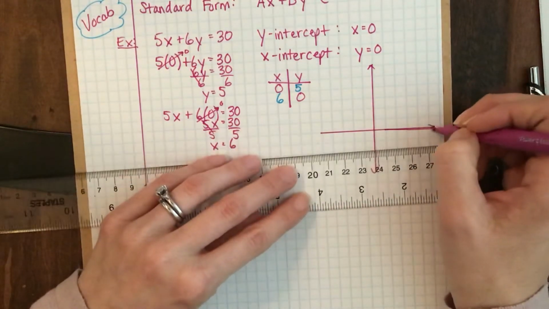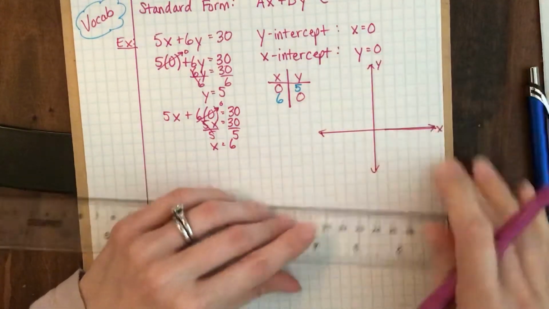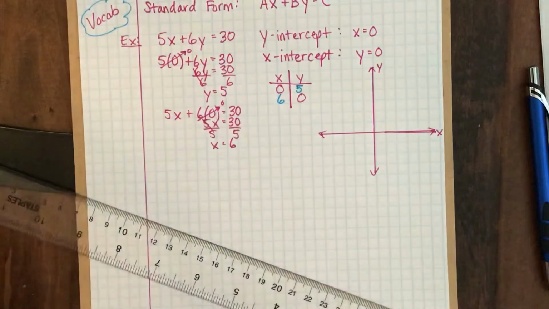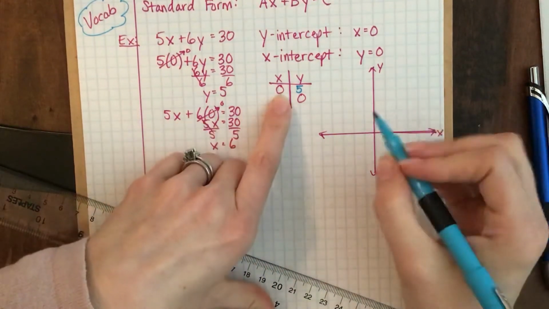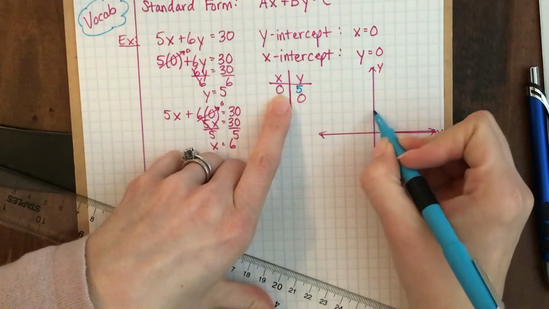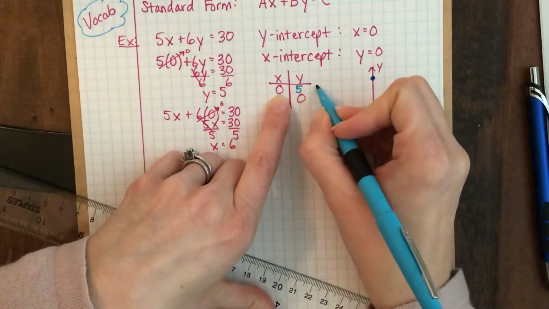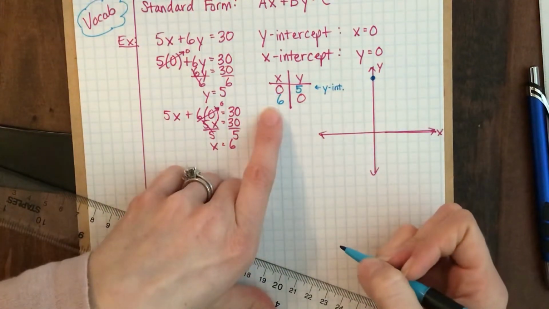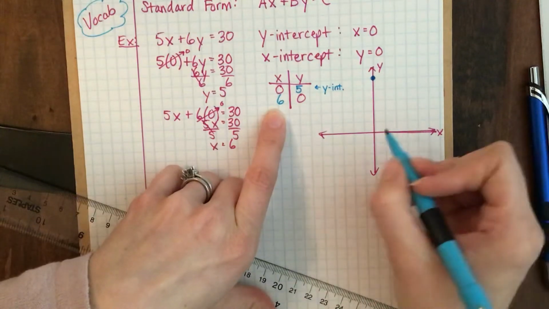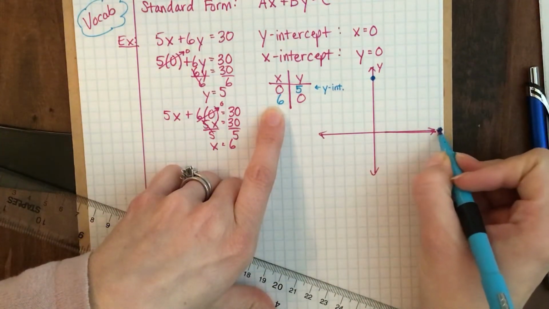Not so straight. That's okay. So this is our x-axis and our y-axis. Let's go ahead and plot our points. We're going to plot our first point right here: when x is 0, y is 1, 2, 3, 4, 5. This is our y-intercept. The second point is our x-intercept: when x is 6, y is 0.